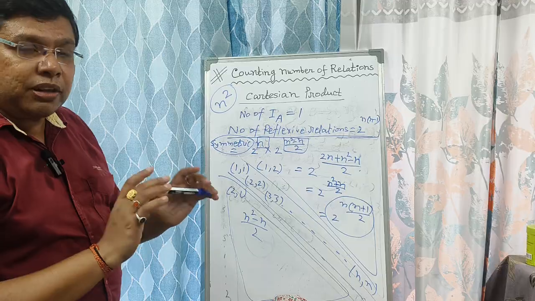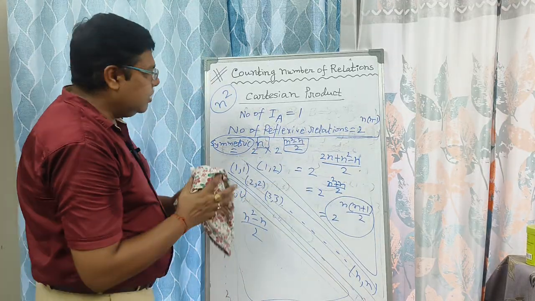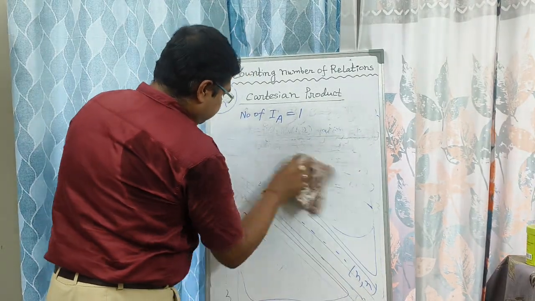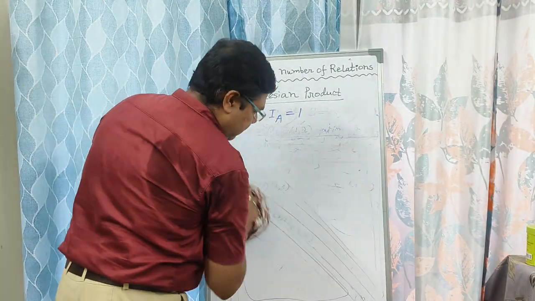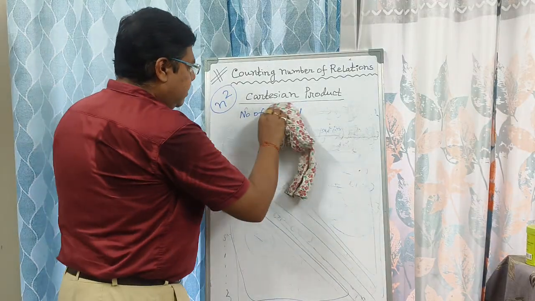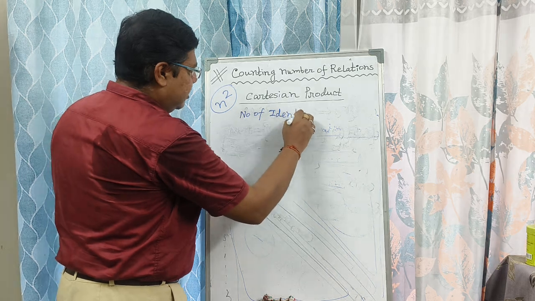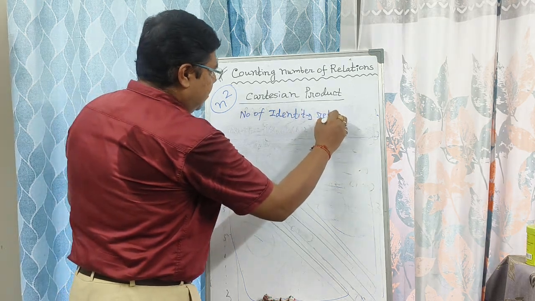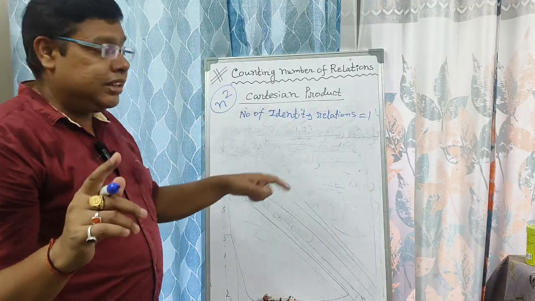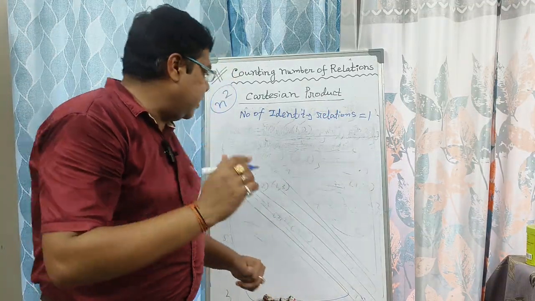Now I will sum up all the things I have got. Let me erase this and then sum it up. The number of identity relations is one, only one. In that relation, all those diagonal elements will be taken.